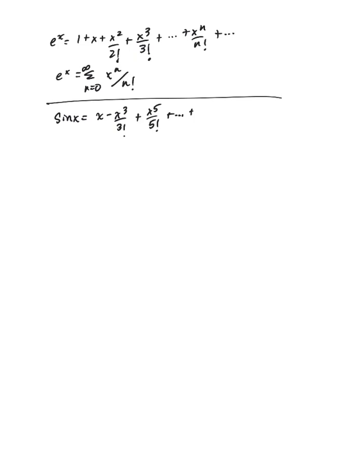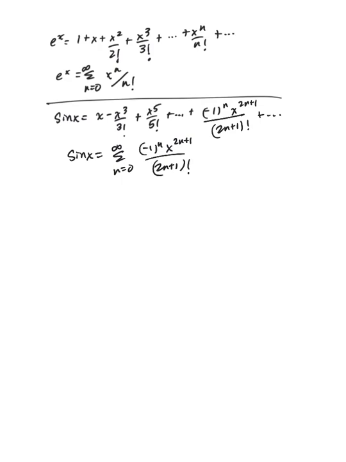Plus, then the general term could be negative 1 to the n times x to the 2n plus 1 over 2n plus 1 factorial plus dot dot dot. So in the sigma notation, that would be sine x equals sigma n equals 0 to infinity, negative 1 to the n, x to the 2n plus 1 over the quantity 2n plus 1 factorial.